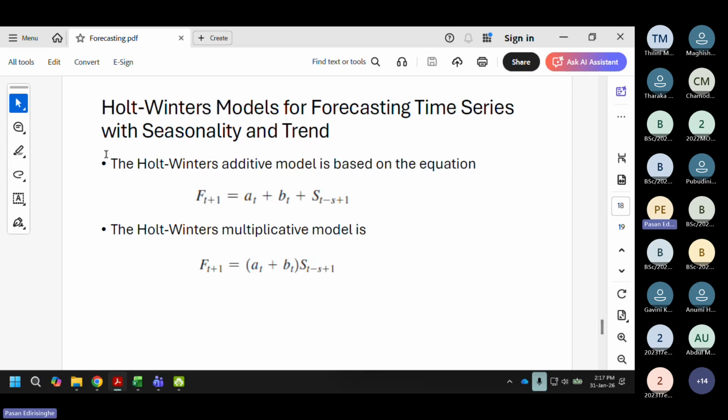And then the Holt-Winters model is kind of like the triple exponential smoothing. So that is including the seasonal pattern as well. We can have it as the additive model and the multiplicative model, right?